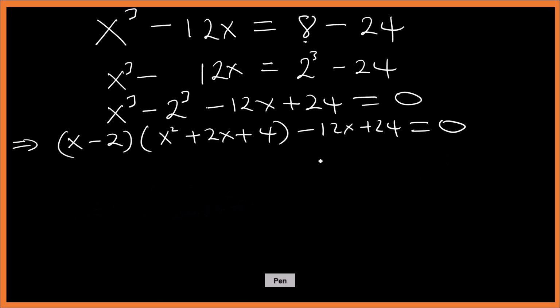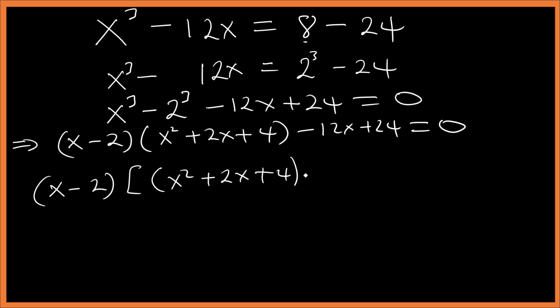Now we can write this as x minus 2, okay, so we have x squared plus 2x plus 4. And this side we can make it minus 12 out, x minus 2, equals 0. So let's close this one. So we have this one times that.